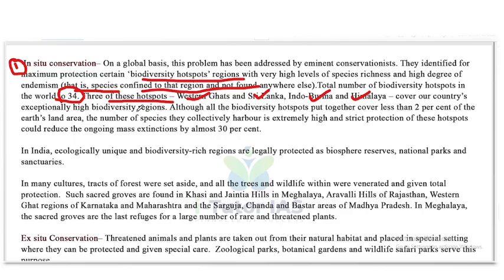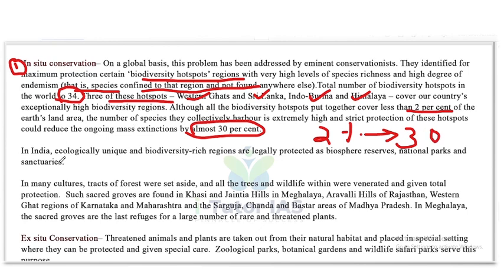Although all biodiversity hotspots put together cover less than 2% of Earth's land area, the number of species they collectively harbor is extremely high, and strict protection of these hotspots could reduce the ongoing mass extinction by 30%. So just conserving these biodiversity hotspots, which make up only 2%, reduces the ongoing extinction by 30%.